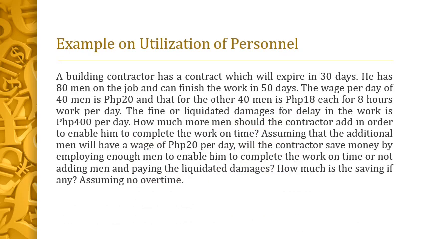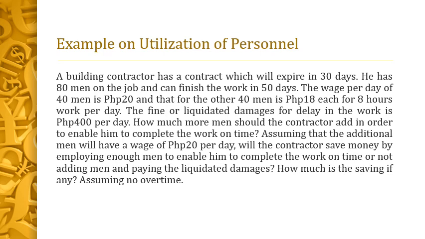Example on utilization of personnel. A building contractor has a contract which will expire in 30 days. He has 80 men on the job and can finish the work in 50 days. The wage per day of 40 men is 20 pesos, and that for the other 40 men is 18 pesos each. For 8 hours work per day, the fine or liquidated damages for delay in the work is 400 pesos per day.